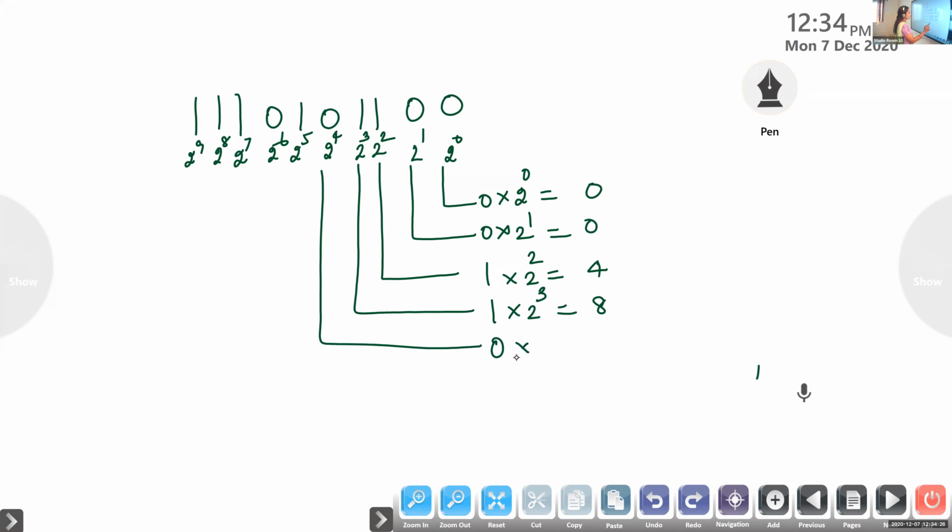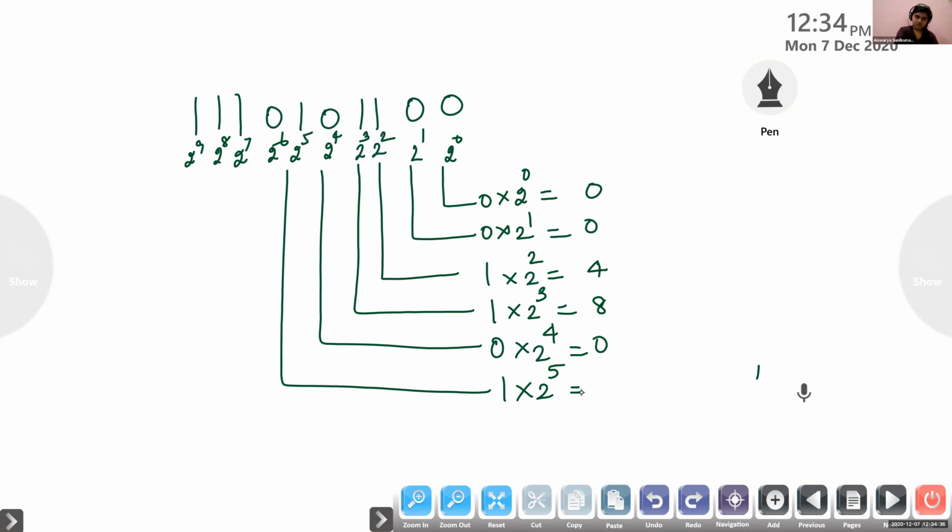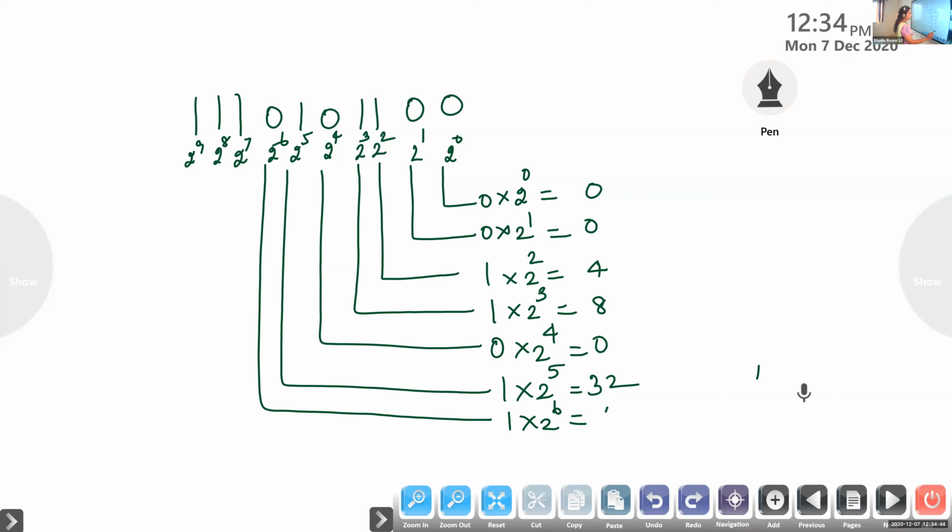Next is 0 into 2 raised to 4, which is 0. 1 into 2 raised to 5. What is 2 raised to 5? 32. Then next is 0 into 2 raised to 6, which is 0. Then 1 into 2 raised to 7.